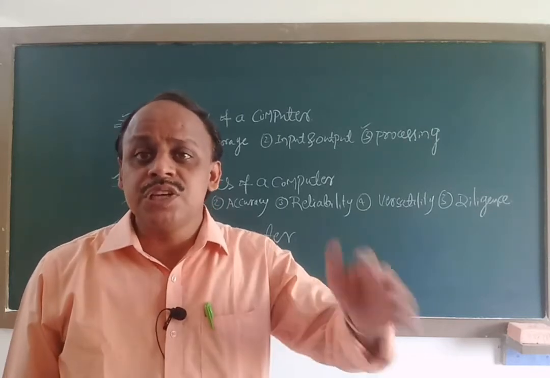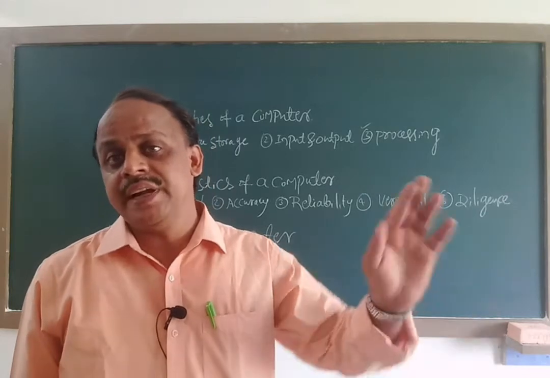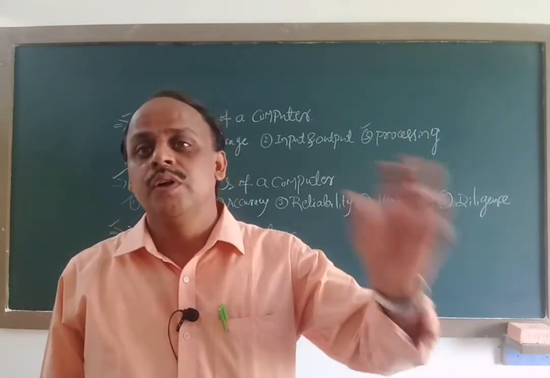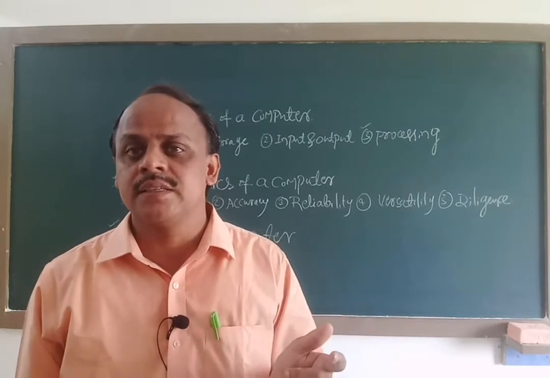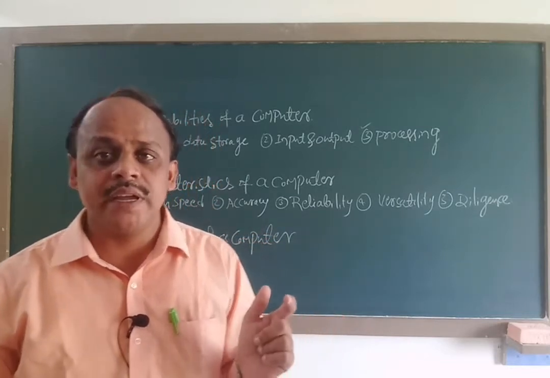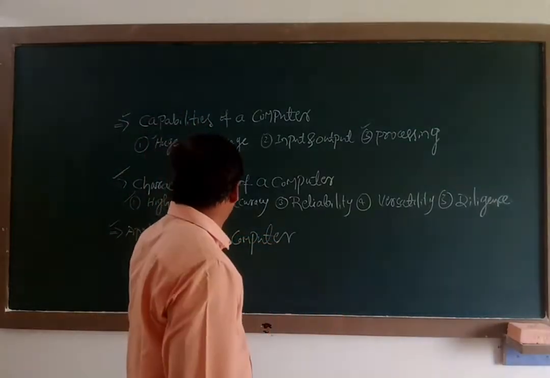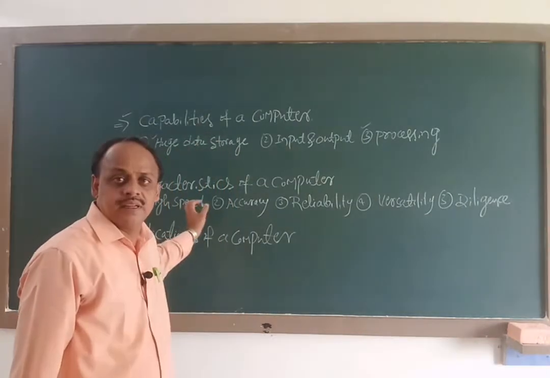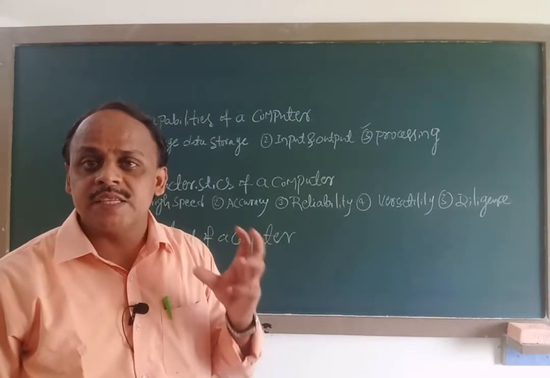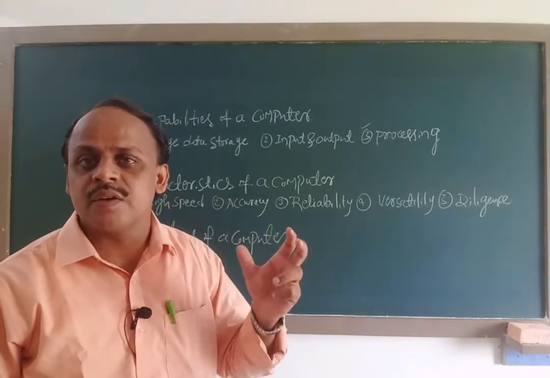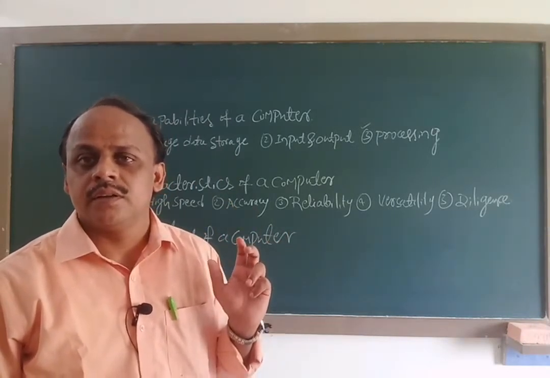If you change the input, for different inputs it gives the related output within a fraction of a second. So that's why we say it is high speed. High speed means its working speed, and it is one of the characteristics of a computer.